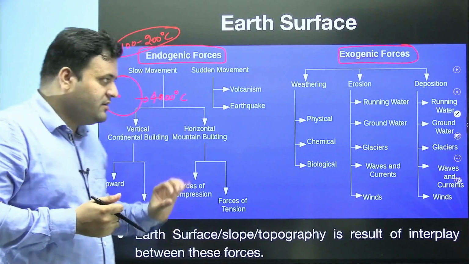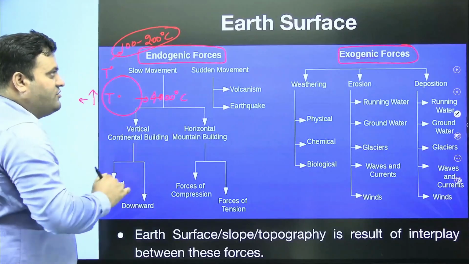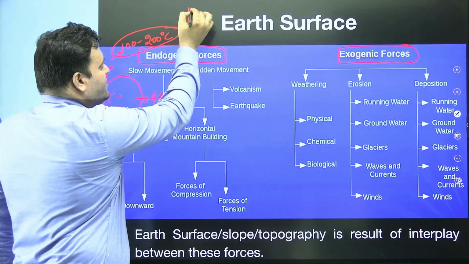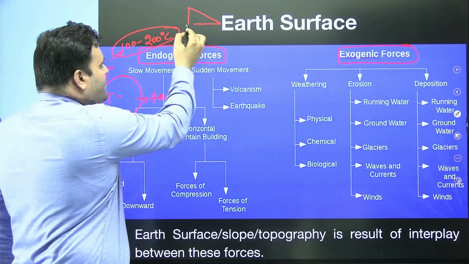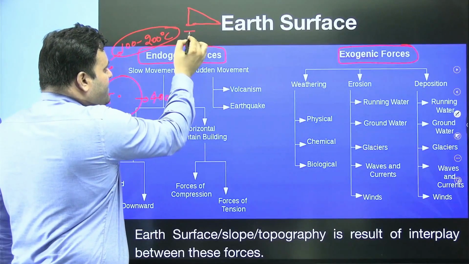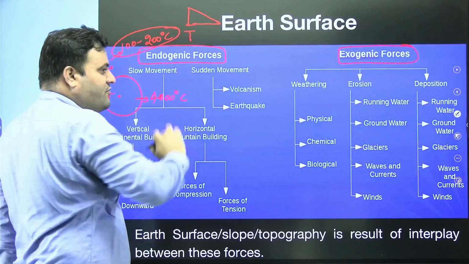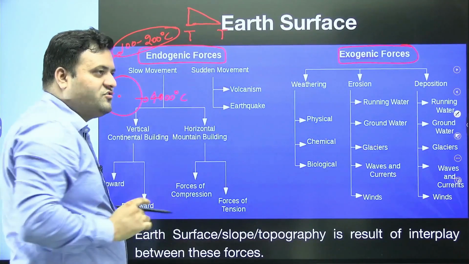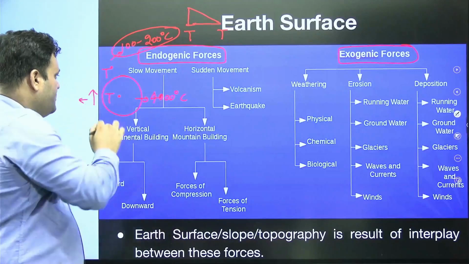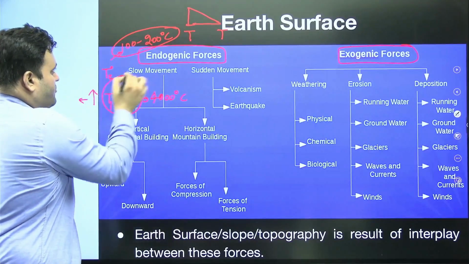So here we have what? A gradient, meaning the slope is from a high area to a low area. Temperature is greater here, around 4,000 degrees Celsius, and temperature is low here on the crust part, let's say T1 and T2.